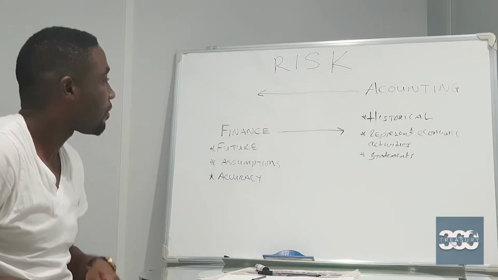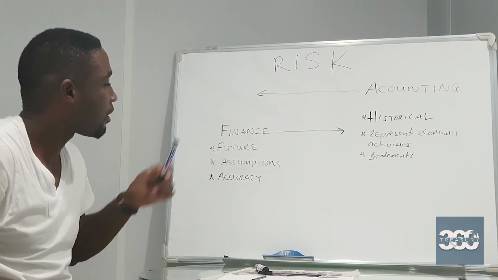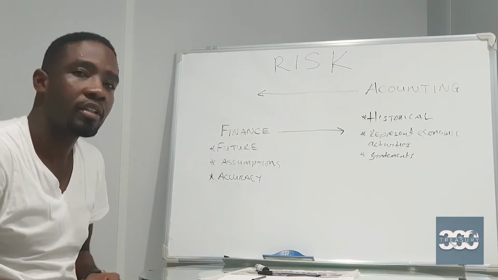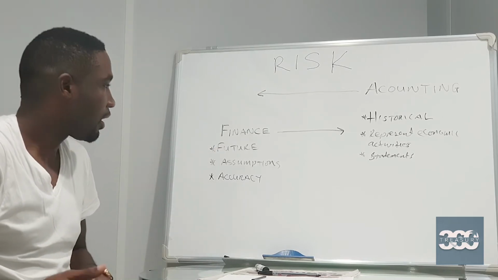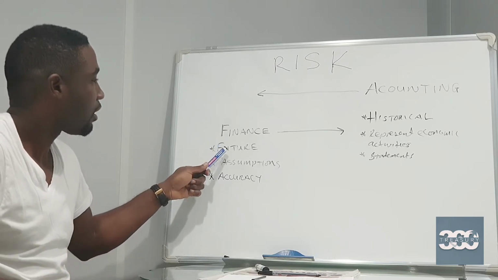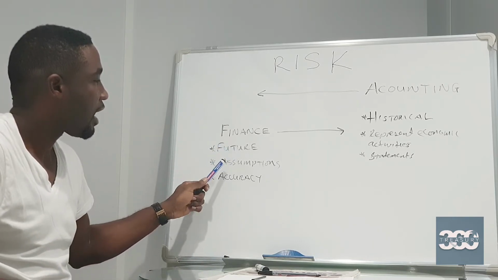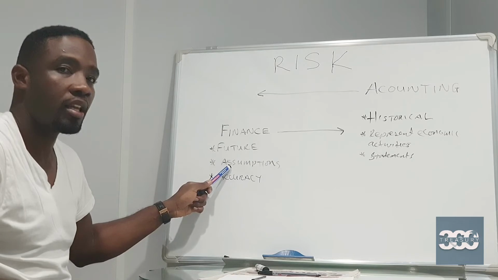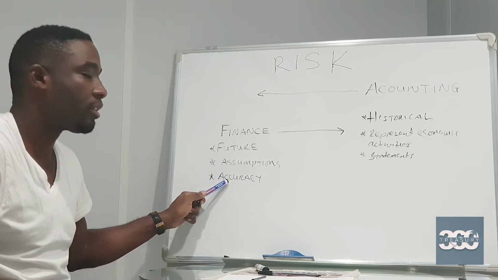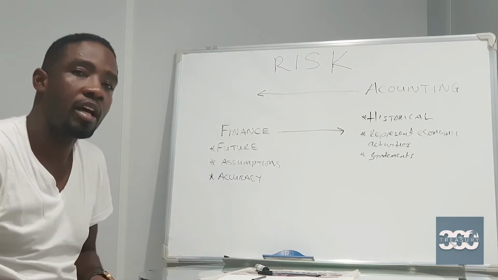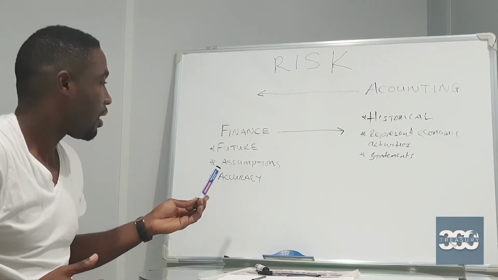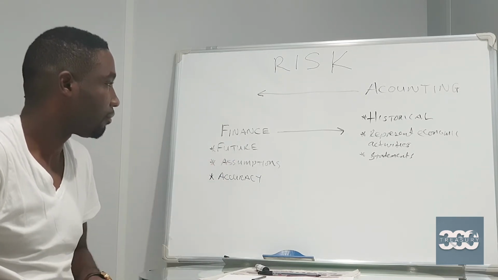Now let's consider how a finance person would perceive risk. Now what does a finance person do? He is future looking and makes assumptions and is worried about how accurate his assumptions are about the future.